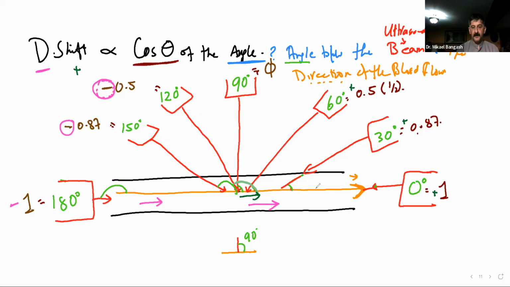Whereas if you had scanned from these angles over here, or a beam was steered at this angle here, and the blood was flowing in this direction, these were going to be positive Doppler shifts. And the 90, bad, 0.